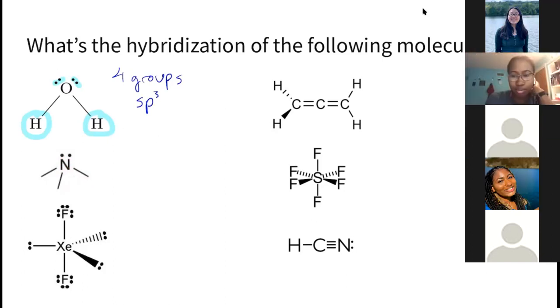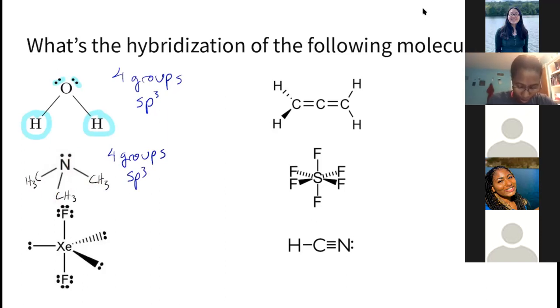Is it sp3? Yeah, exactly. We have 4 groups around our nitrogen, the lone pair and the 3 bonds. So this is sp3 hybridized. And for anyone wondering, there's supposed to be CH3s on this molecule. So it's a nitrogen with a lone pair and 3 different CH3 groups, or 3 different methyl groups.